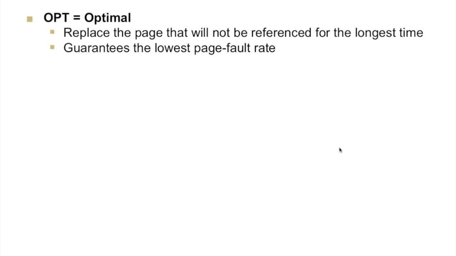Because we can guarantee that that will give us the lowest page fault rate. Meaning that we can show that if we tried to replace any other page, it would result in just as many or more page faults than always picking the one that's going to be used furthest in the future. Well, that's the problem. It requires future knowledge.